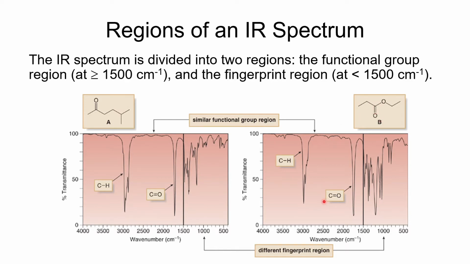And you'll see that on the functional group side, these two spectra look very similar. What's different is over here in the fingerprint region. There is a pretty big peak here at about 1200, and that 1200 matches up to the stretching frequency of this carbon-oxygen bond. But often that peak is surrounded by a bunch of other peaks that are hard to distinguish.